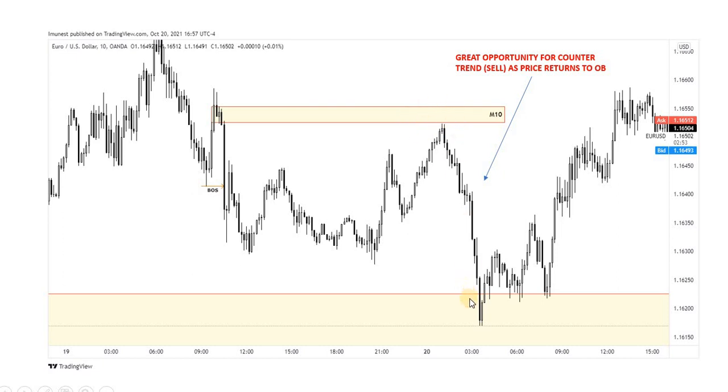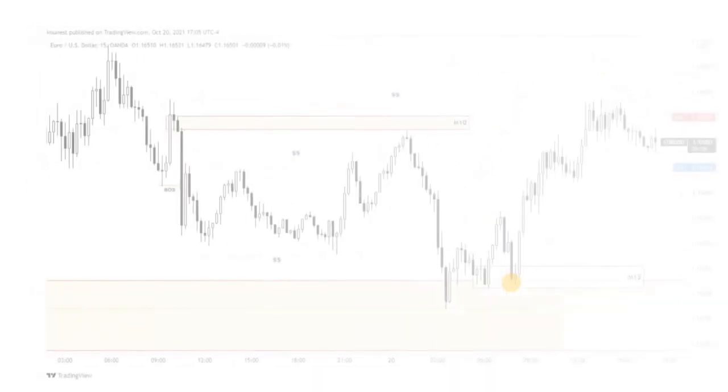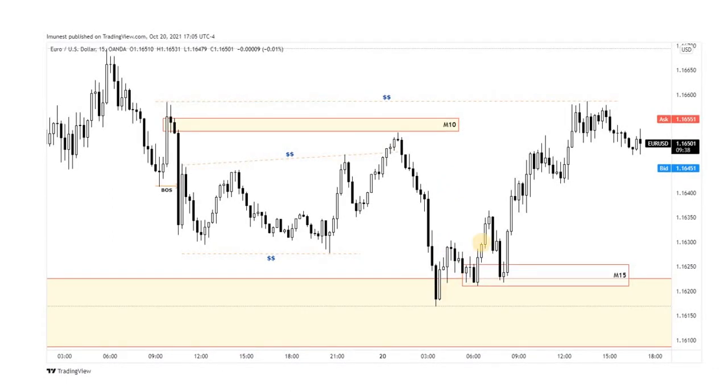All my focus was here, this 4-hour order block, so all my focus was here. I actually waited for a confirmation entry, which I got here on the 15 minutes chart. Just to explain more, you can see liquidity engineering here, and price actually grabbed the liquidity. In place of grabbing the liquidity, it was very close to mitigating the order block.